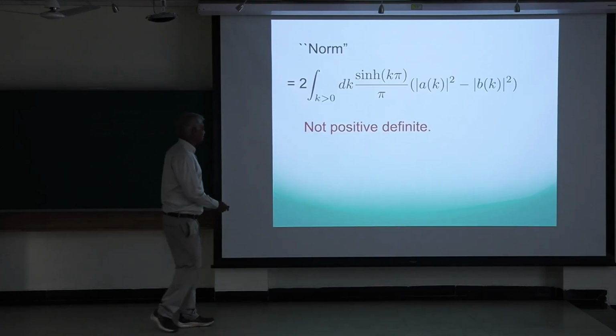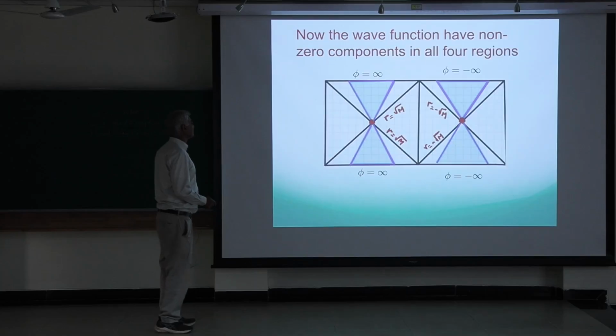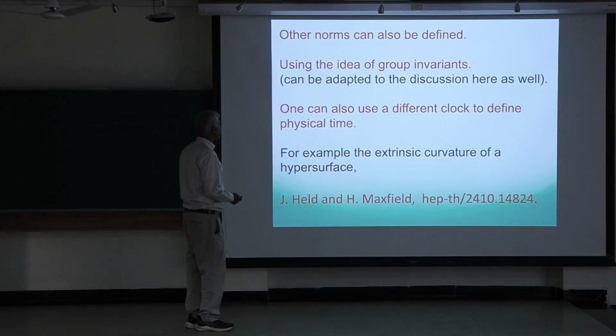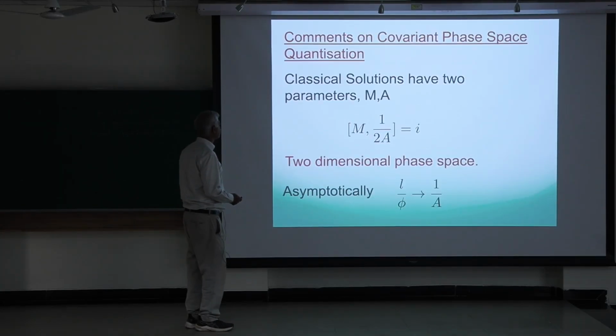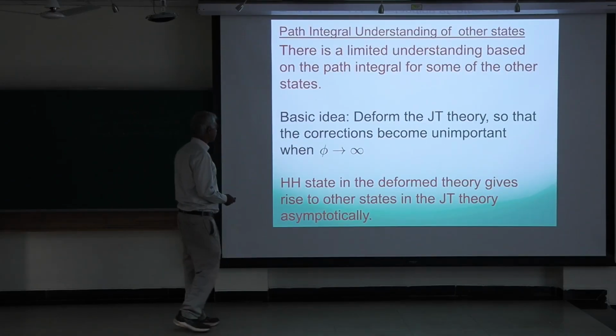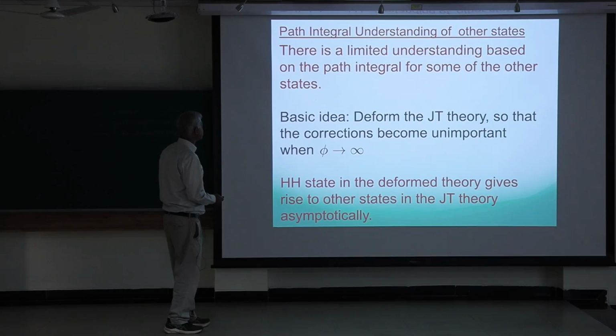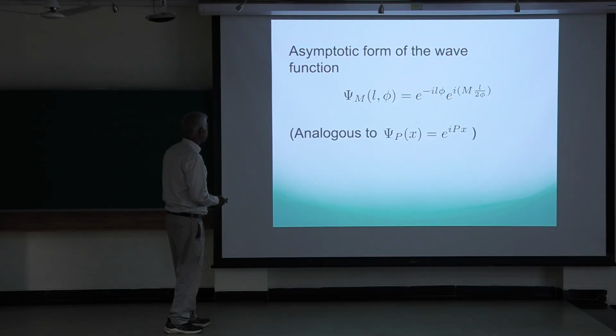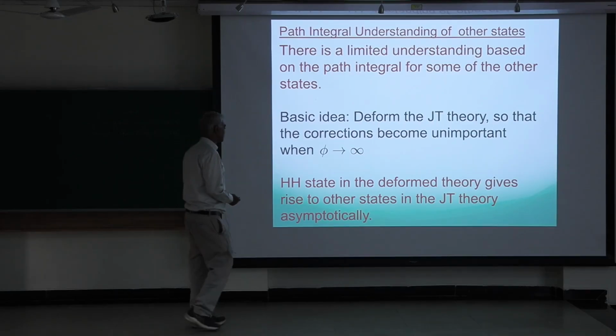So, okay, now let me fast forward if you don't mind. I'm going to jump over a few things and tell you how to understand some of these other states.